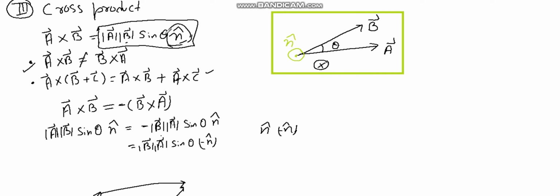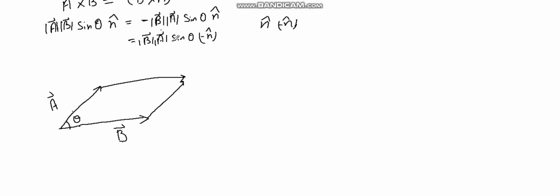So the magnitude of A cross B tells the magnitude of the area formed by this parallelogram, and the n vector is the direction of this area.